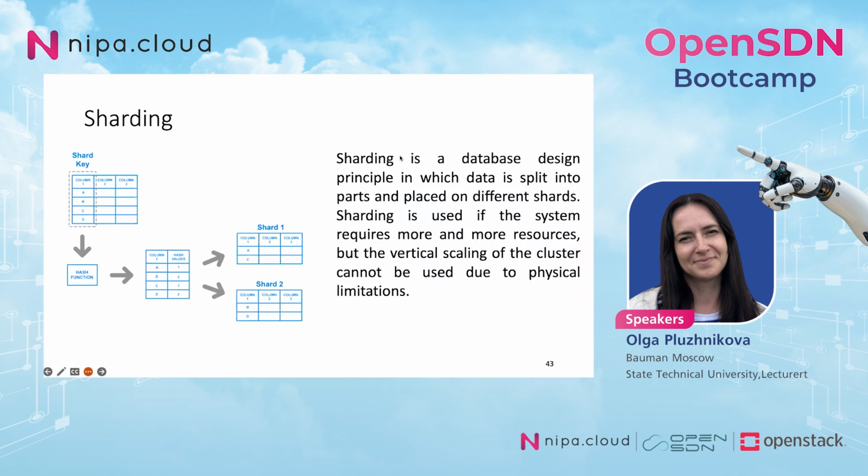And sharding is a database design principle in which data is split into parts and placed on different shards. Sharding is used if the system requires more and more resources, but vertical scaling of the cluster cannot be used due to physical limitations.